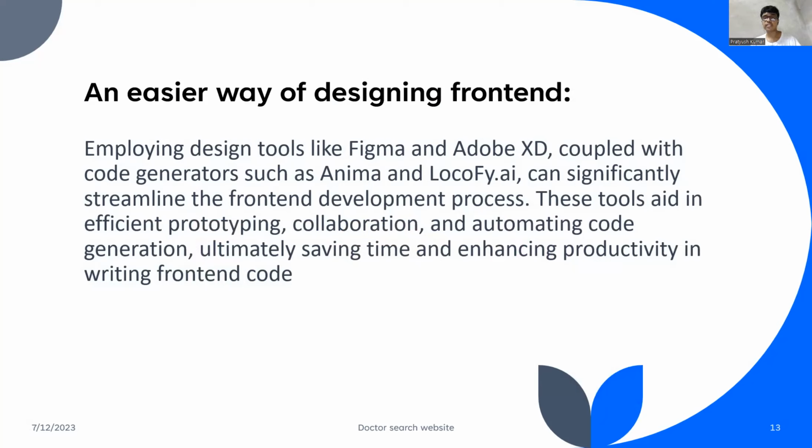So it ultimately saves a lot of time. For example, you pick up a design template and style it with Figma, and then you can directly generate code using Anima. So it will save a lot of time. That time you can use to write the backend part.